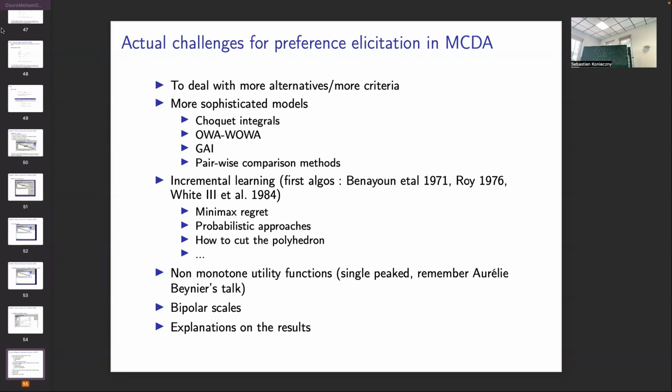We are doing incremental learning. Most of them use the minimax regret strategy in order to find a good question to ask, but there are also entropy and probabilistic approaches, and ways to cut the polyhedron, etc. People also work with non-monotone utility functions like single-peaked ones. People also work with bipolar scales, where positive numbers and negative numbers are not treated in the same way.